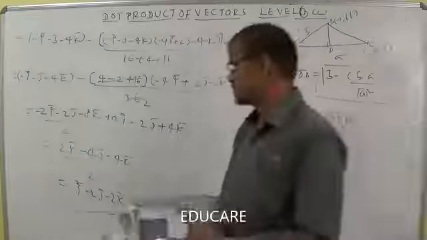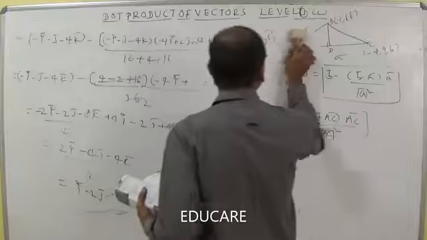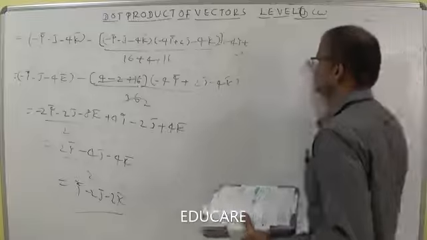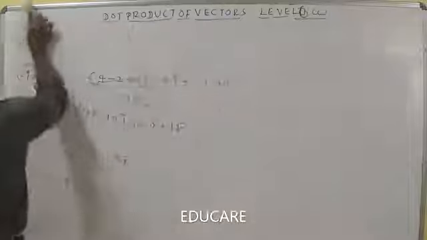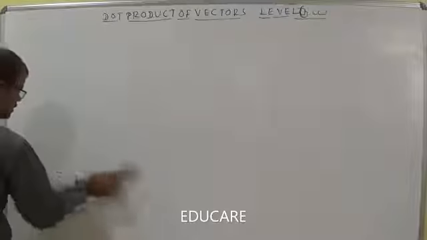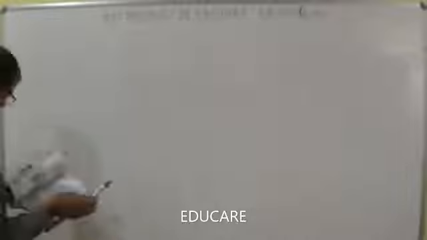Now let us discuss the equation of planes in vector form and Cartesian form also. In the concept, I said everything regarding the equation of planes. Here he is asking about the equation of a plane which is p units distance from the origin.